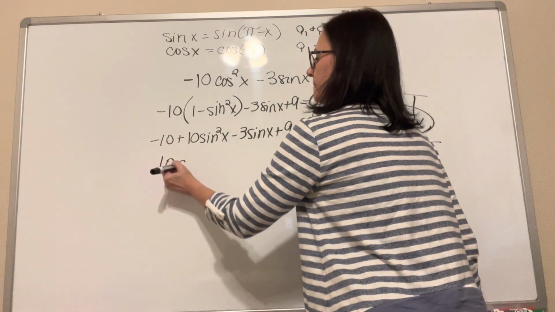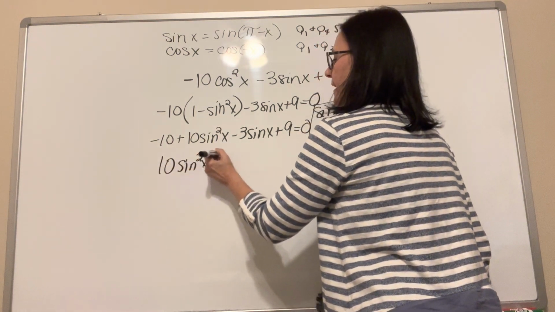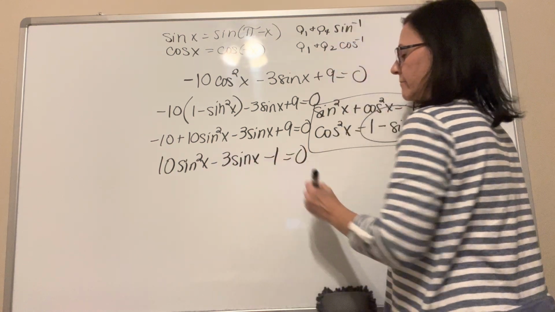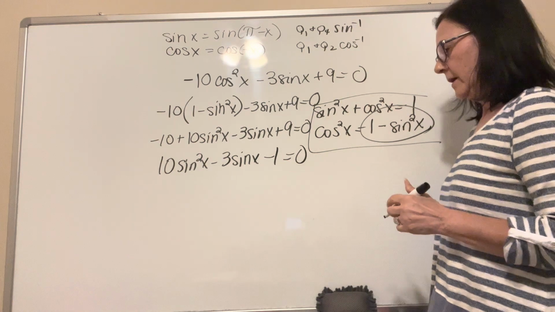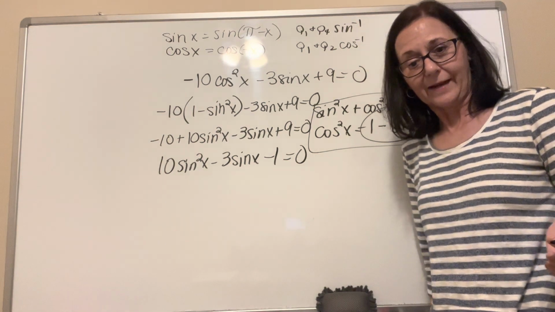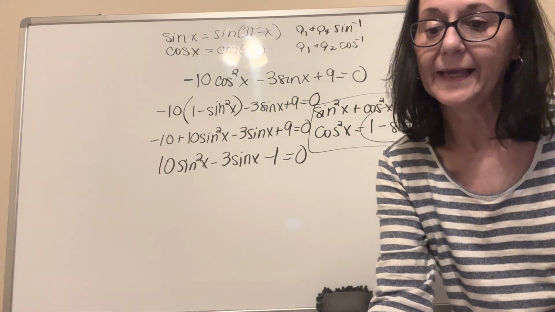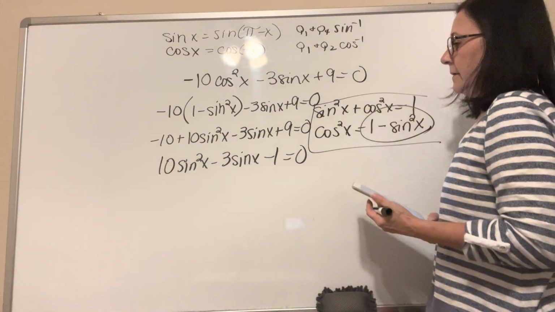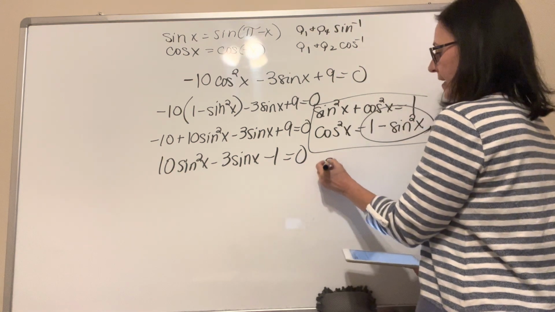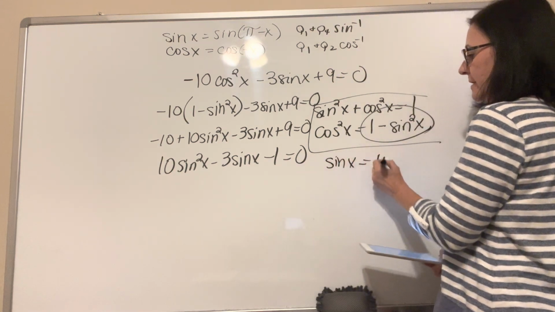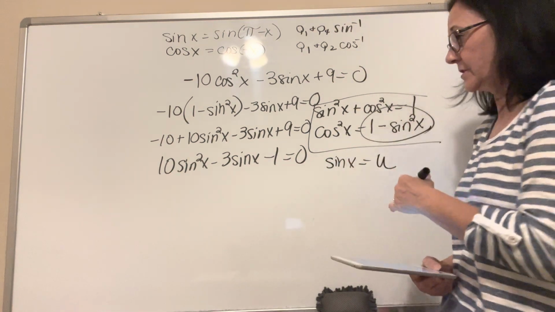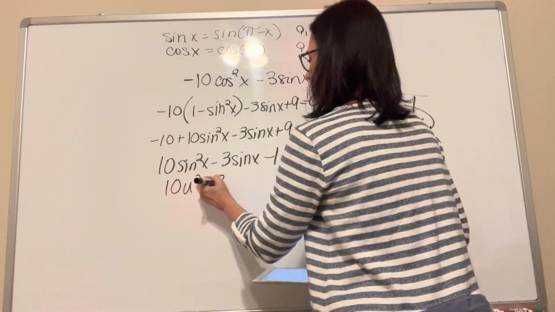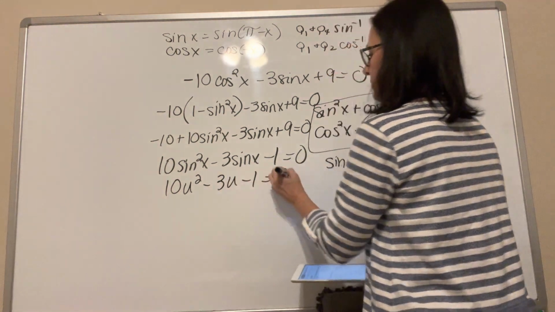I end up with 10 sine squared x minus 3 sine of x minus 1 equals 0. Now, looks like quadratic, right? You should be thinking it looks like quadratic. So for the sine of x, I'm going to substitute in u, and then I'll go back and substitute it back in. So this is 10u squared minus 3u minus 1 equals 0.